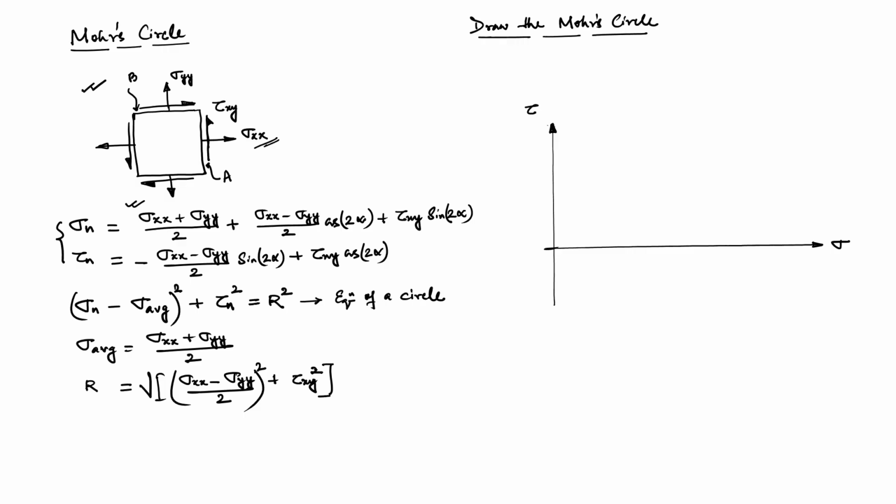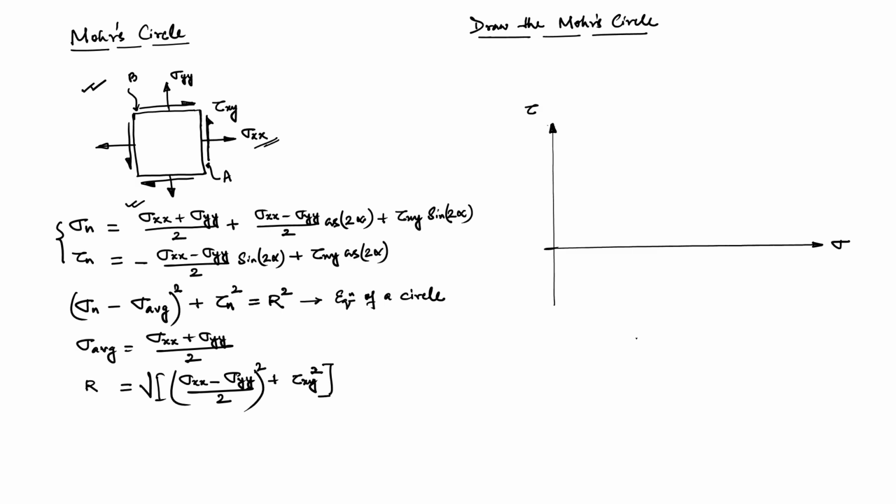Now, if you recall our convention, if the stress acts on the positive plane, that means the normal along the positive direction, and the counterclockwise moment is in the positive direction of, in this case, the z axis, then we consider that stress to be positive. So, we have sigma xx and tau xy, both of them are positive.